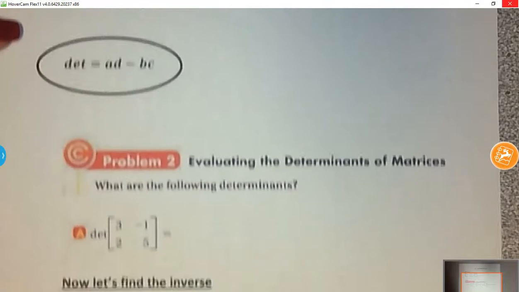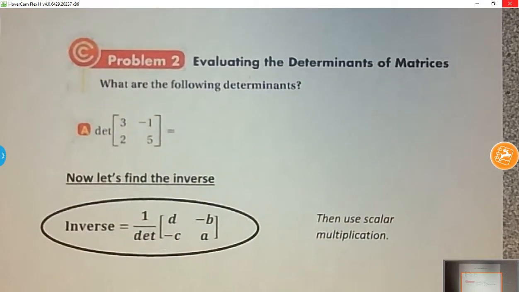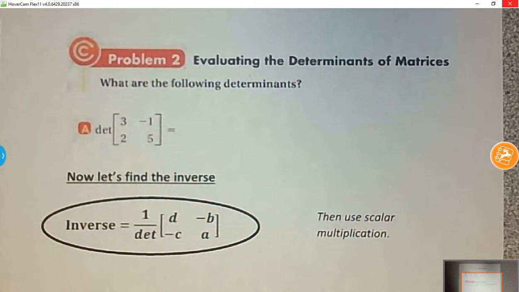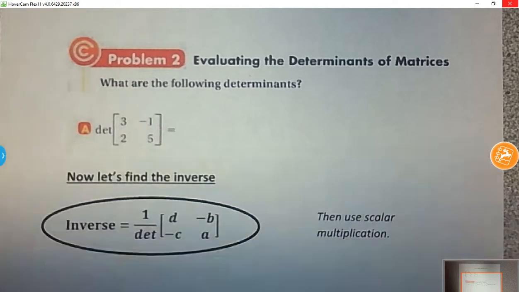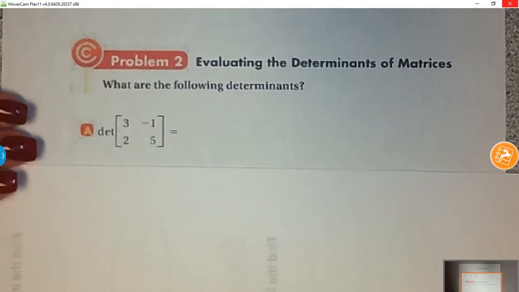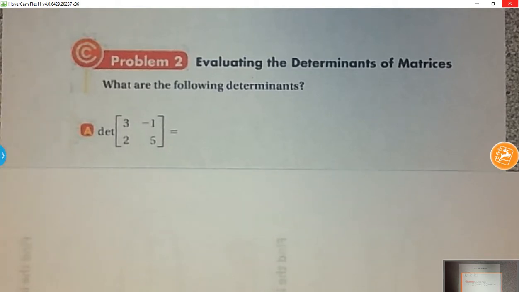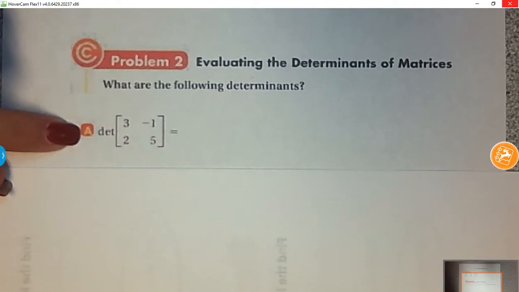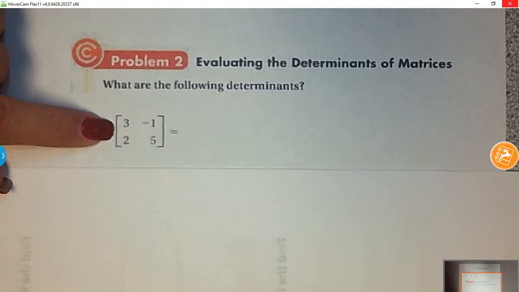All right, so let's go ahead down here to this example where we're actually going to find the value of a determinant, and then I'll show you what we use a determinant for. So for problem 2, they want me to find the value of the determinant for this matrix.